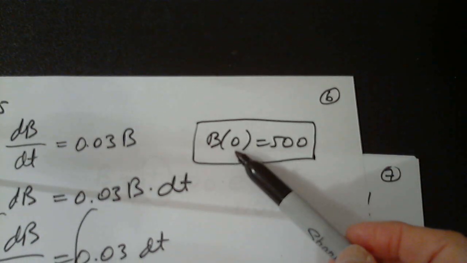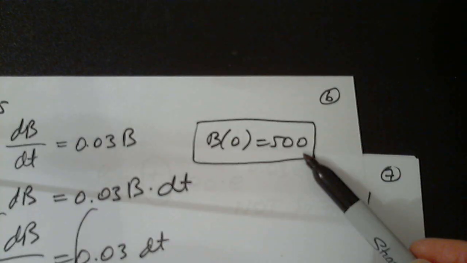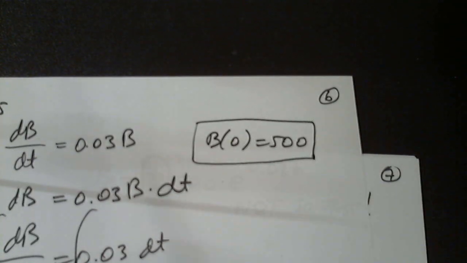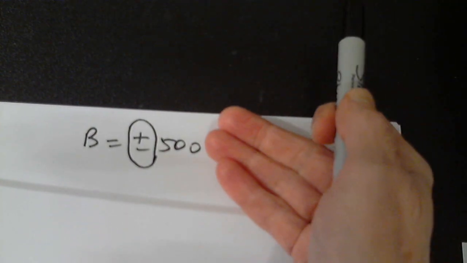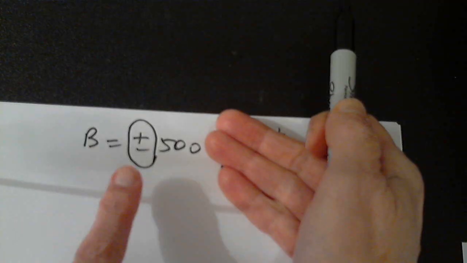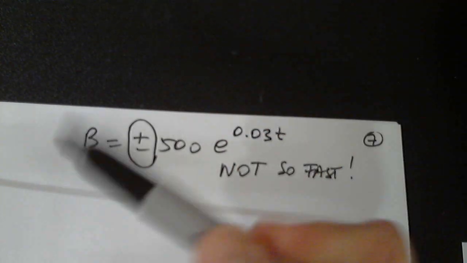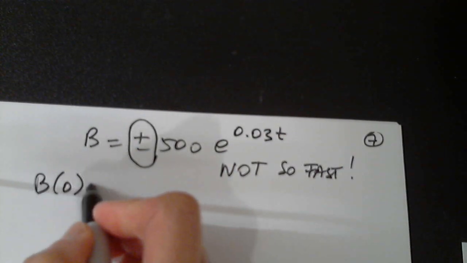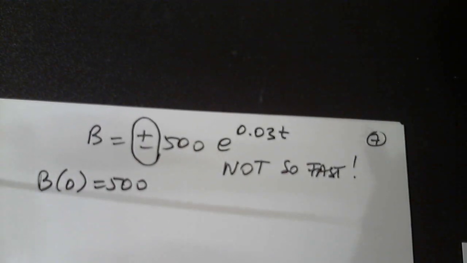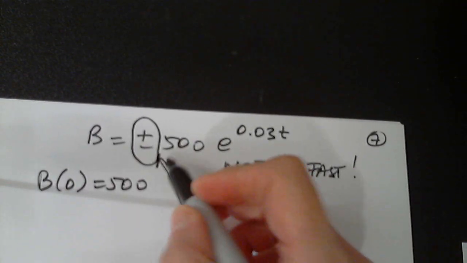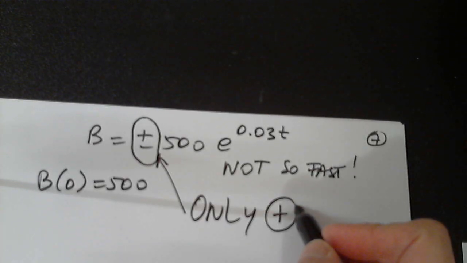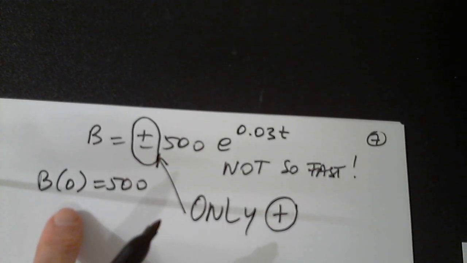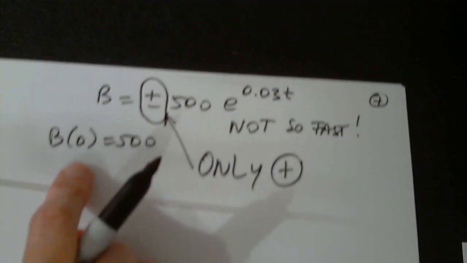So if I plug in 0, I have to get 500, not negative 500. So let's see which one works. If I plug in 0, this is 1. I cannot get plus or minus 500 because I'm specifically told b of 0 is 500. So I will say only plus, because the minus will not give us this answer.